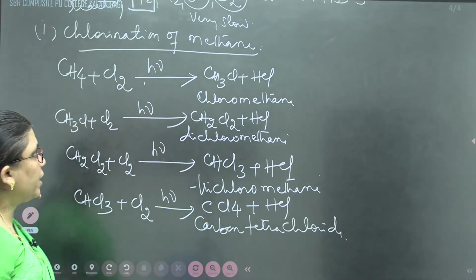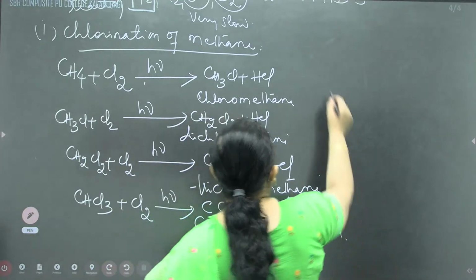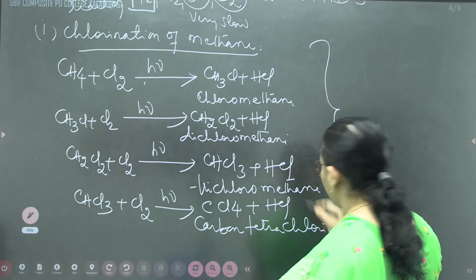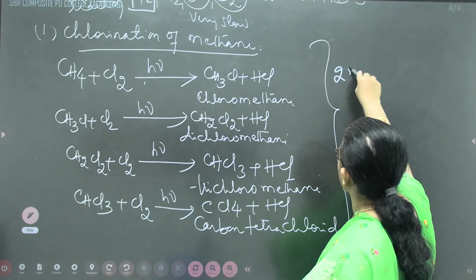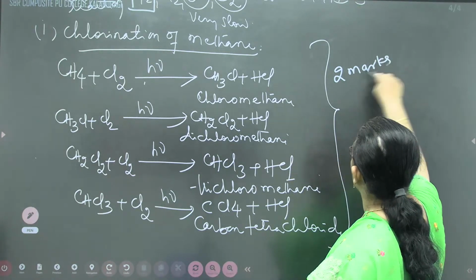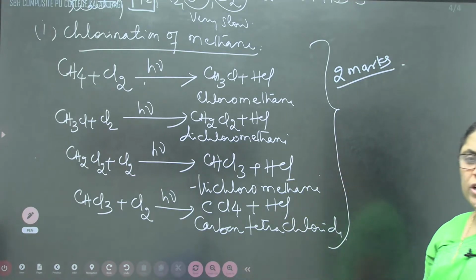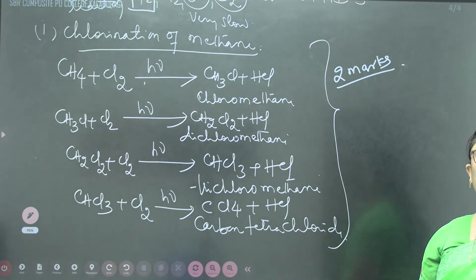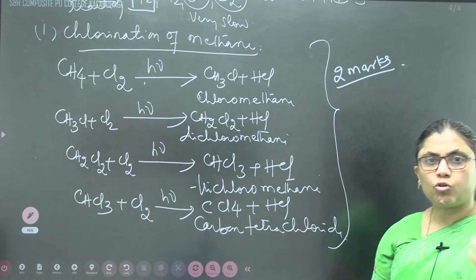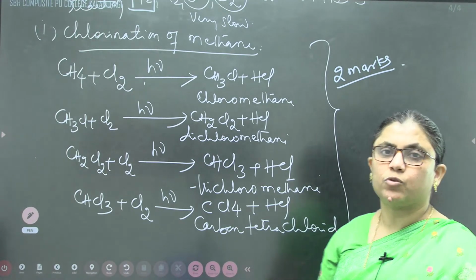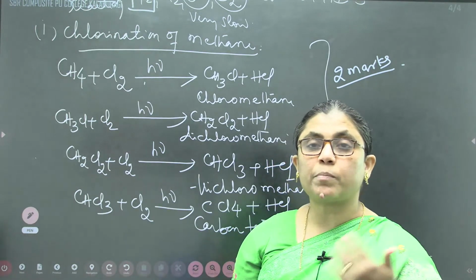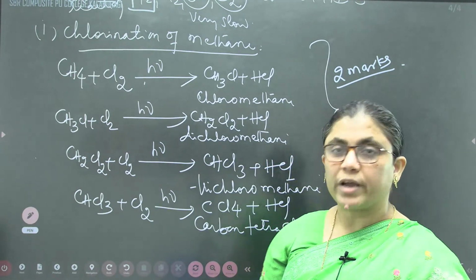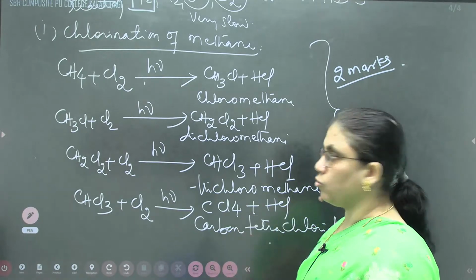Carbon tetrachloride. A separate question will be asked in the exam for 2 marks: write a note on chlorination of methane. One sentence we can write: methane on chlorination in the presence of diffuse sunlight undergoes successive substitution to give carbon tetrachloride.